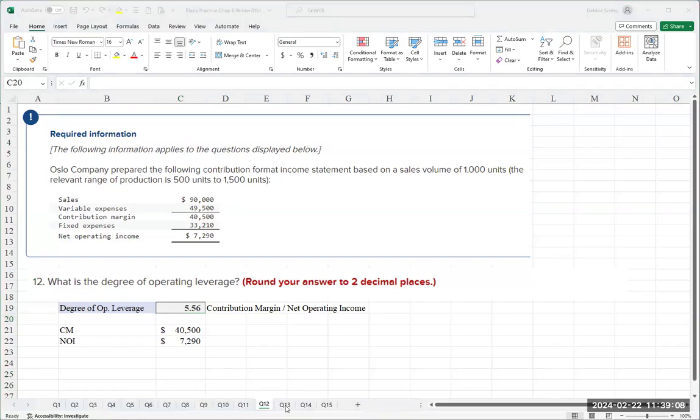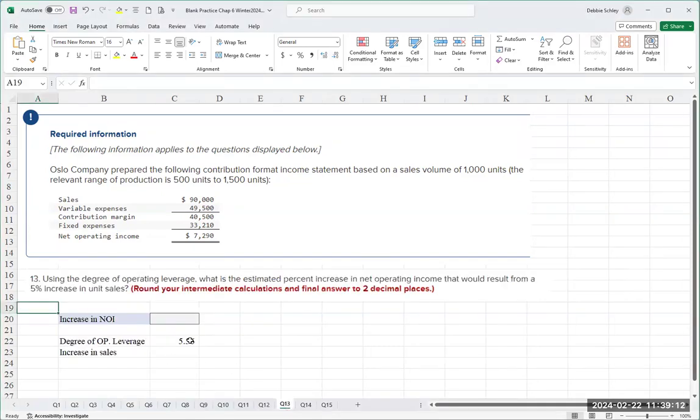Okay, so this is going to apply in question 13 now. So here's my answer from question 12, my degree of operating leverage. And let's see, using the degree of operating leverage, what is the estimated percent increase? So we're looking for a percent in net operating income that would result from a 5% increase in sales. So there's my 5% increase for sales.